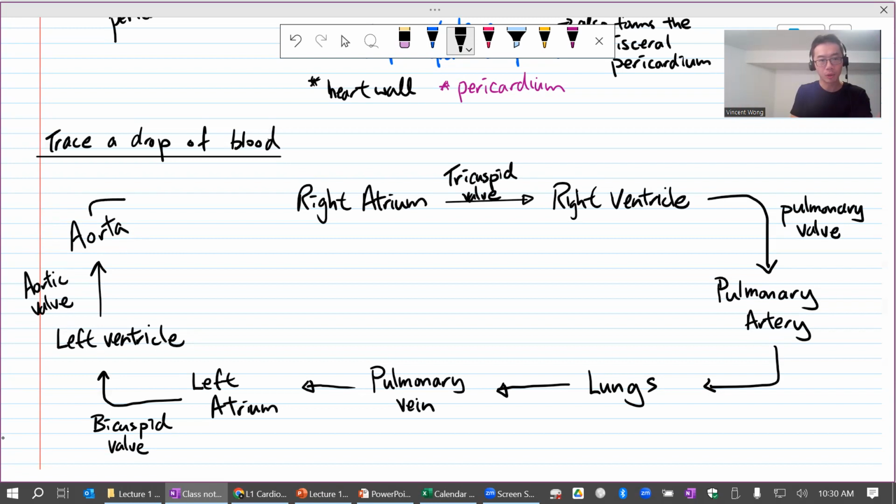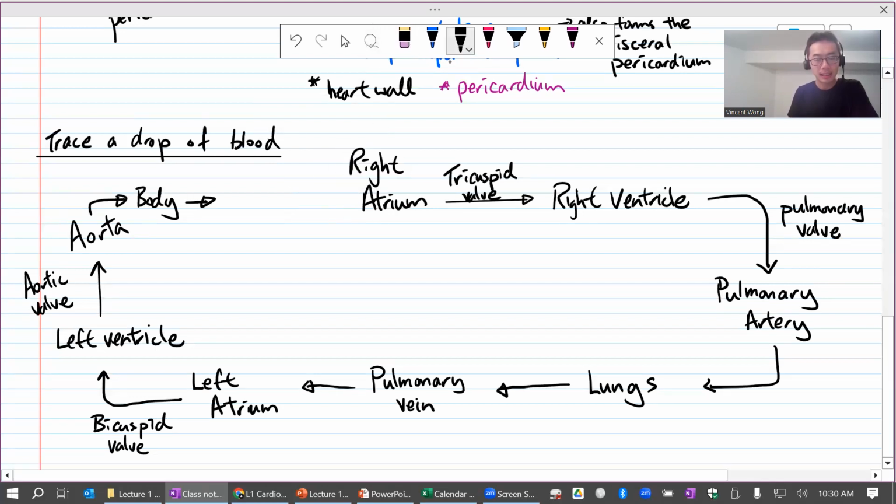And then it will go to the body, where the oxygen leaves the blood and carbon dioxide comes in. Totally running out of space here. And then when it's all said and done, we will take the blood back to the right atrium through the superior and inferior vena cava.